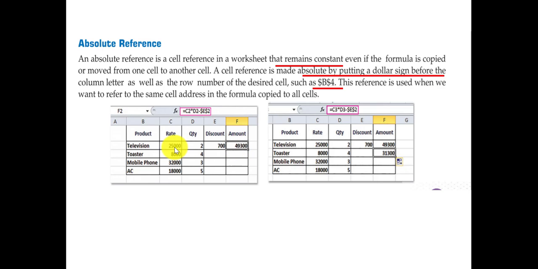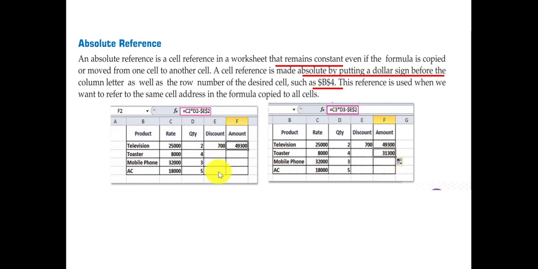We have multiplied 25,000 into 2 minus 700. This discount is applicable to all the products. In the toaster also he will get a 700 discount, in the mobile phone he will get a 700 discount, and in the AC he will get a 700 discount.